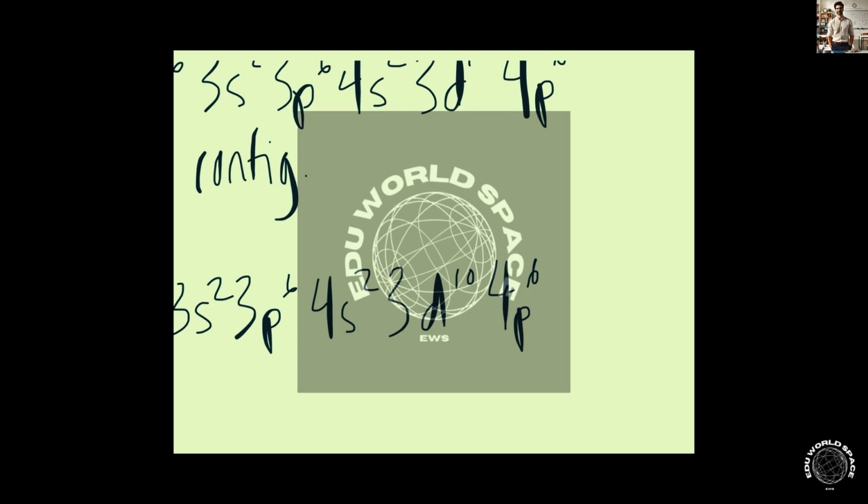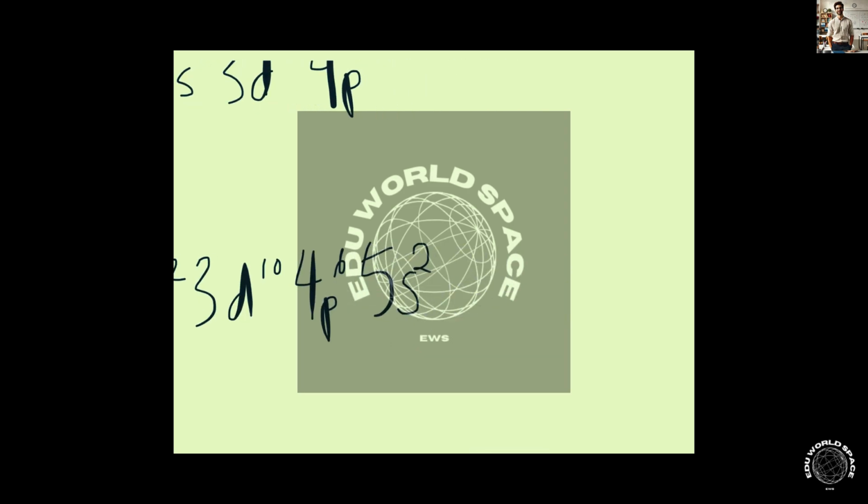And now, let's see, so 4p6, and then we would normally do 5s2 followed by 4d 1, 2, 3, 4, 5, 6, 7, 8, but it's Pd2+, so we've actually lost 2 electrons.